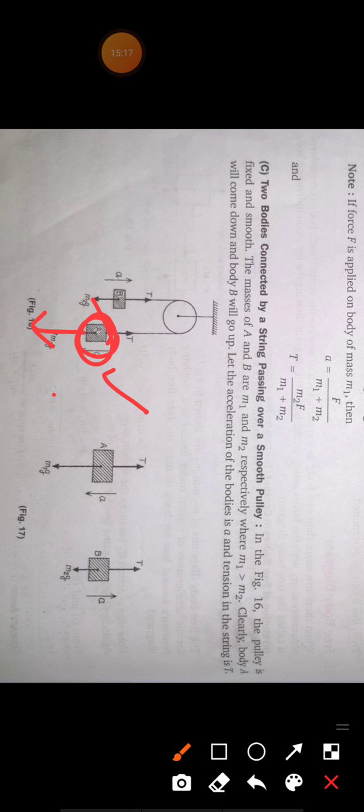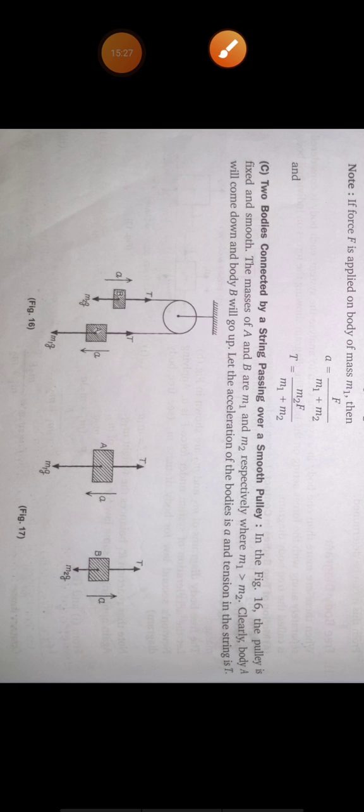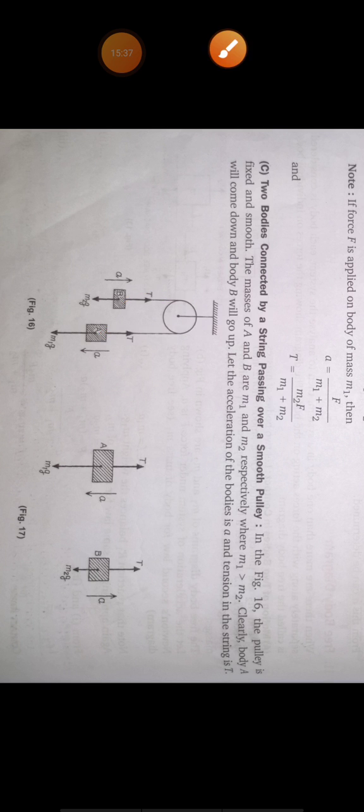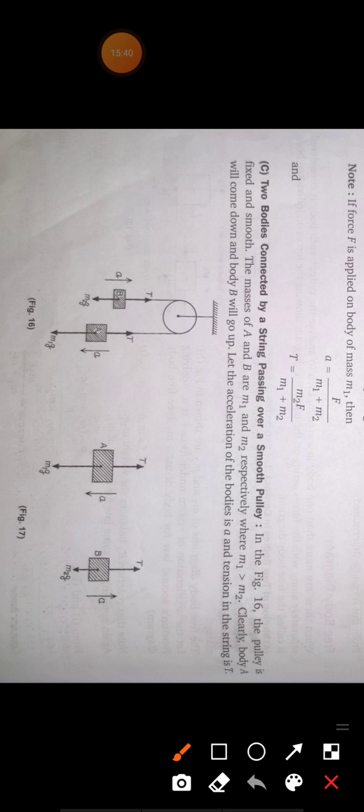That means this system is not in equilibrium. M1 will go downward and M2 will go upward, because they are connected with the same string or thread. And remember one more thing: if two bodies are connected with the same string or thread, then the tension in that thread or string will be the same.